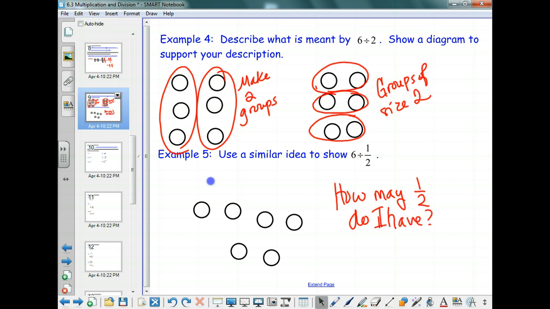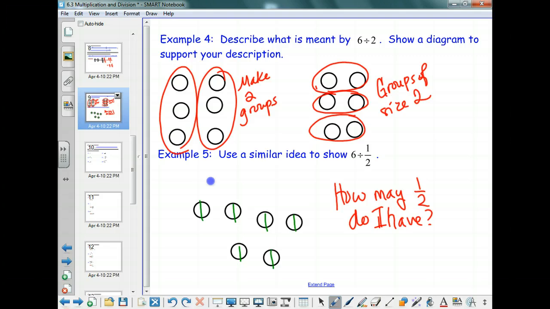And if you can imagine taking your picture and imagine that these are something that aren't like coins, because I want to cut the coin in half. Imagine they're cookies. And I divide them in half. How many halves do I have? 12. So instead of creating a half of a group, I'm creating groups of size 1/2.